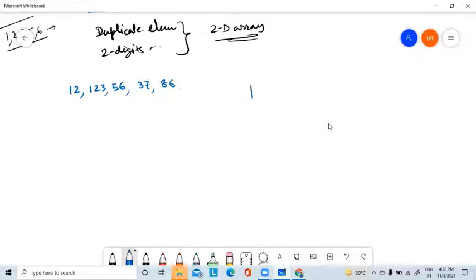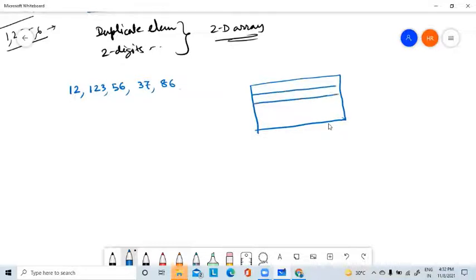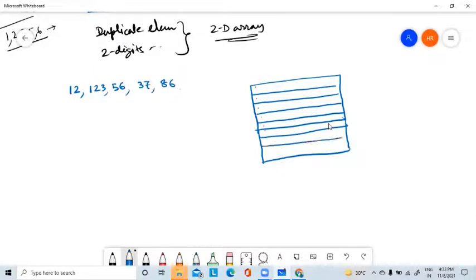So I am considering one 2D array like this, where the base is 10, so 10 columns. This is suppose our auxiliary array C, with indices 0, 1, 2, 3, 4, 5, 6, 7, 8, 9.